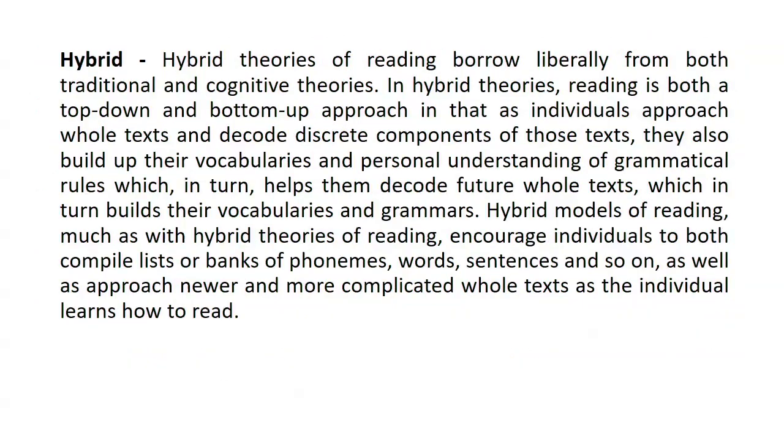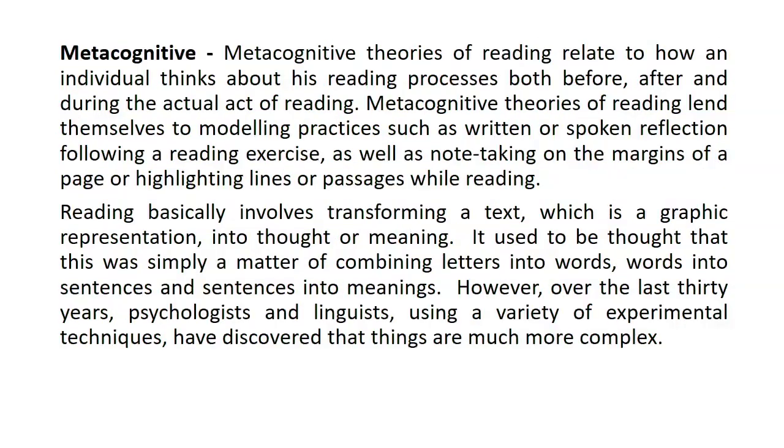Your hybrid theory, on the other hand, is almost a combination of your traditional and your cognitive theory, because it looks at both approaches. Sometimes certain pieces will first be broken into smaller parts to understand. Other times the individual will read it as a whole and then break it down from there. Your metacognitive theory is more about how a person thinks and feels about what they are reading.